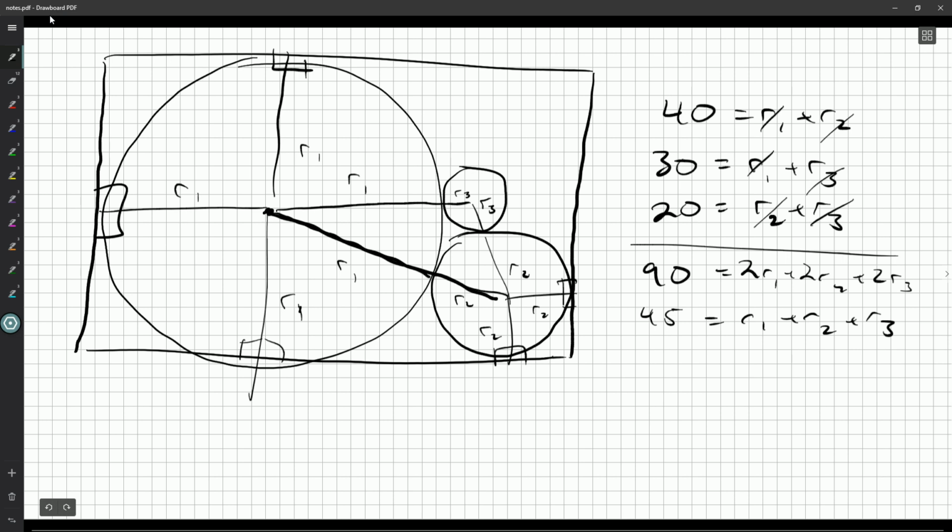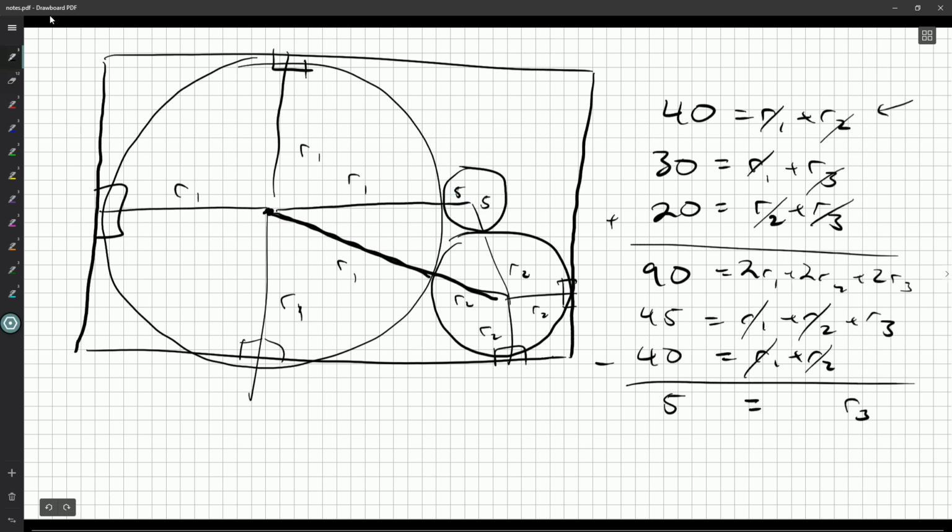Now, suppose I want to figure out what R3 is. Take the equation up here that doesn't have R3, and we're going to subtract that equation away from this sum. We'll be left with 5 on this side, and the R1s and R2s will cancel out. So now I know the smallest radius is 5.